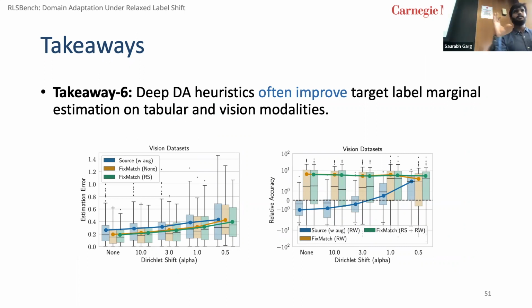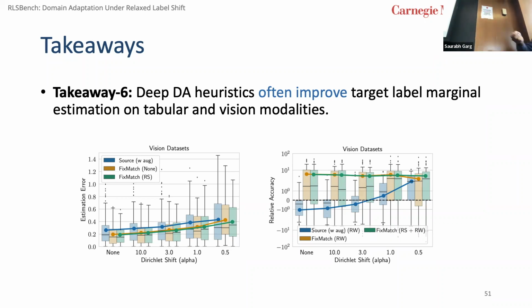Recall that these label shift estimation methods use a black box classifier to provide us with an estimate of target label marginal. In this plot, we see that these domain adaptation methods, one, improve our estimation, and two, those improvements in estimation transfer to significant improvements in accuracy.